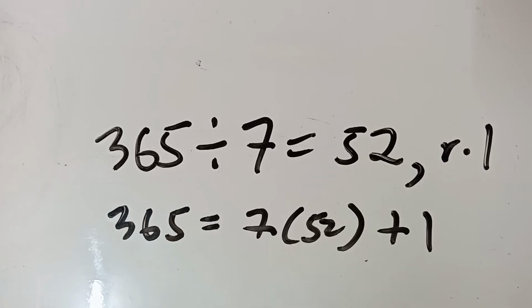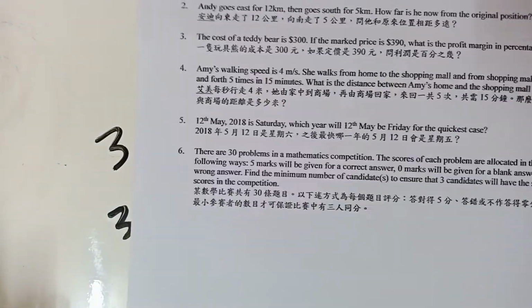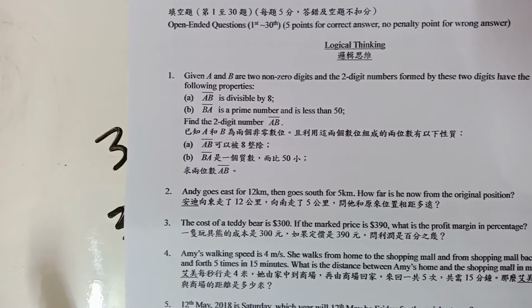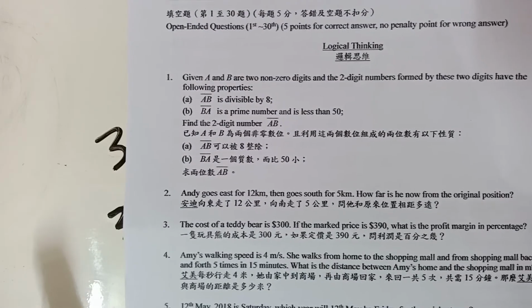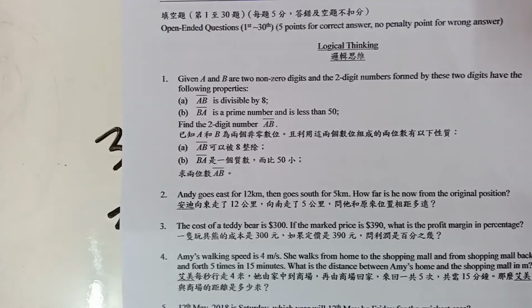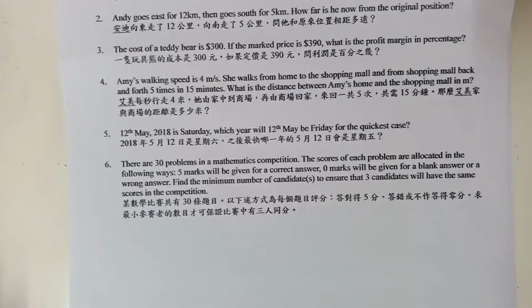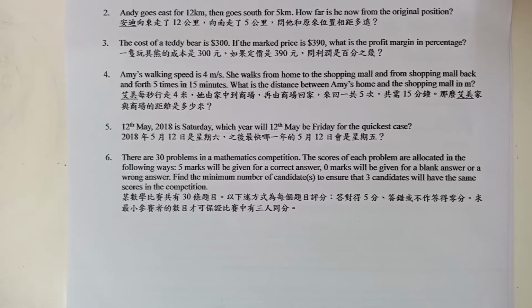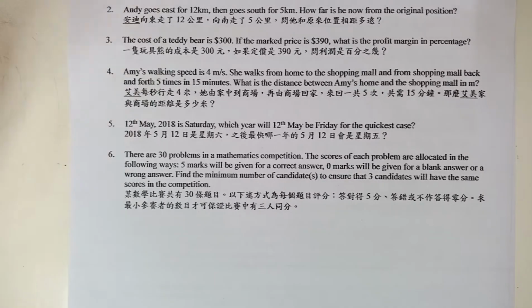Okay, now for the final problem for this logical thinking part of this HKIMO mock paper 2018, secondary 1 level. The last problem on this first page of the test is this. There are 30 problems in the mathematics competition.